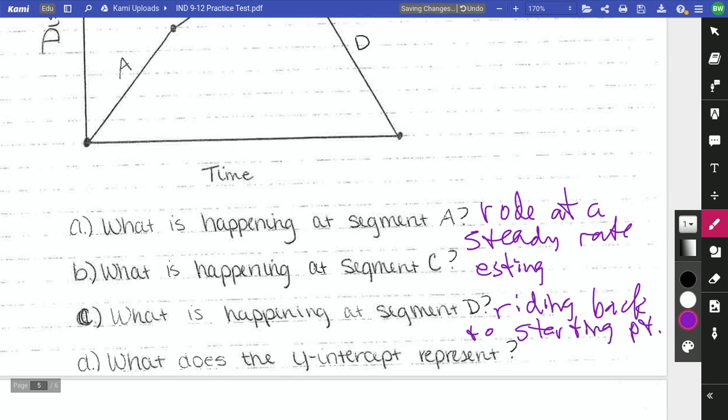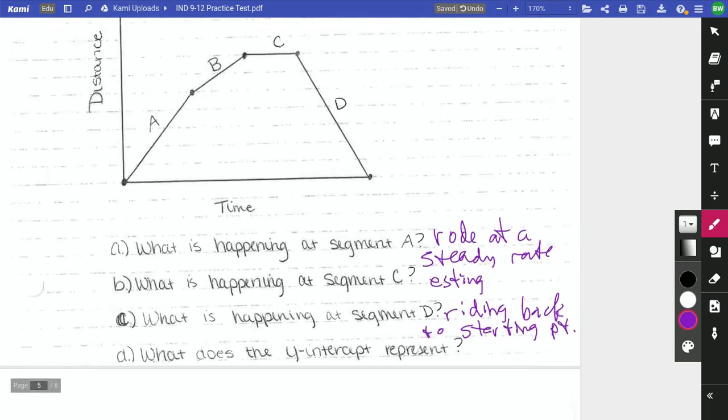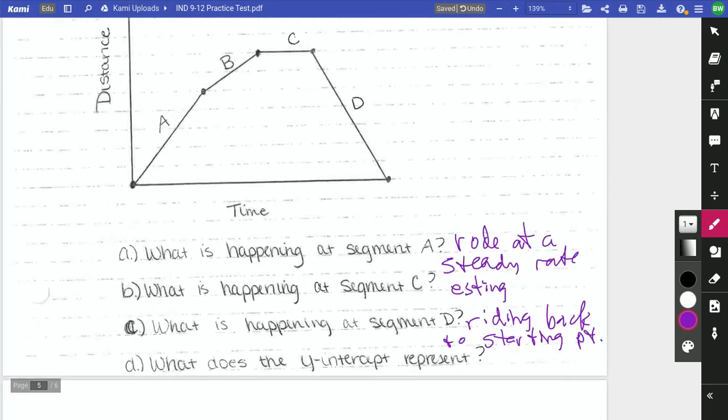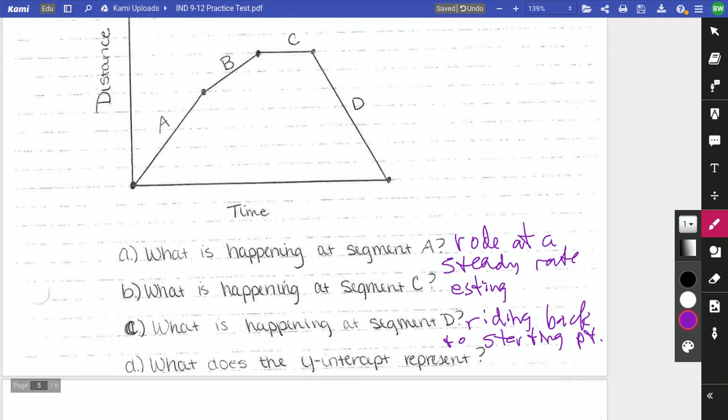Okay, so what does the y-intercept represent? That's a good question. And for any of these graphs, the y-intercept is just the point where you are, it's the starting point, right? Because the y-intercept, that's where the graph crosses the y-axis. And one of the things that's important about the y-axis is that's where the time is 0, right?